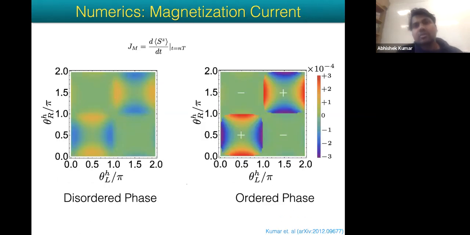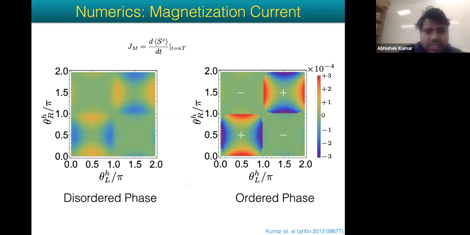Since we started this with a spin operator, we would like to go back to our spin language, where the gauge current that we have calculated here is a magnetization current.